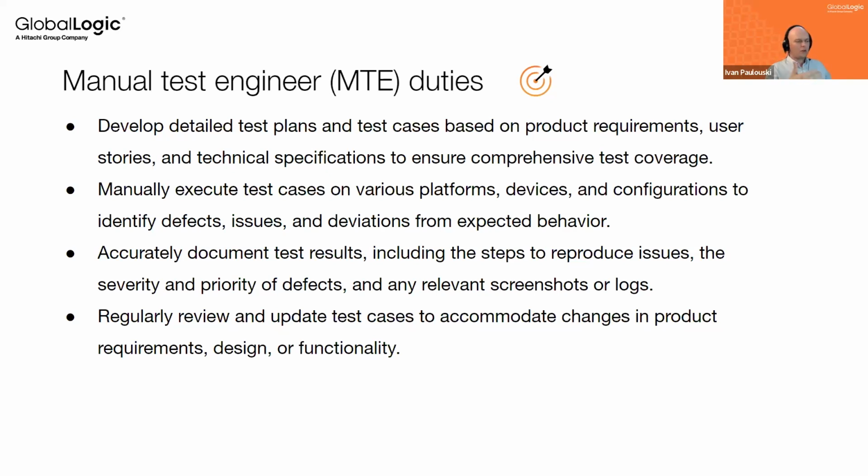So you need to update test cases to reflect these changes and always be up to date, because the cost of executing outdated test cases is big, but the return from this will be zero. So it will be just money spent without any benefit.